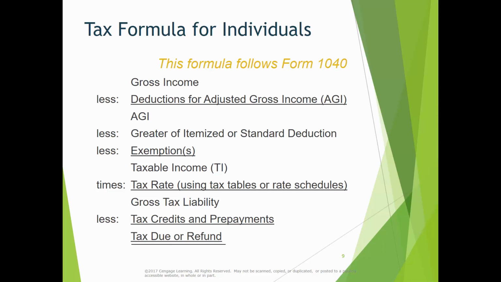I will generally tell you, I don't think I've ever had anybody have itemized deductions exceed standard deductions without owning a home. Usually it's that mortgage interest that pushes that number over the standard deduction. And then you get an exemption for yourself and for each of your dependents. That equals your taxable income. So obviously the amount of your actual income and what is paid tax on can be very, very different numbers.